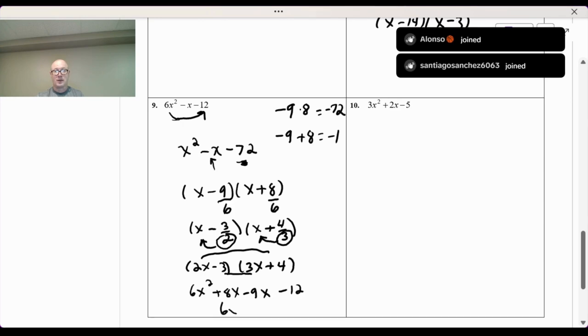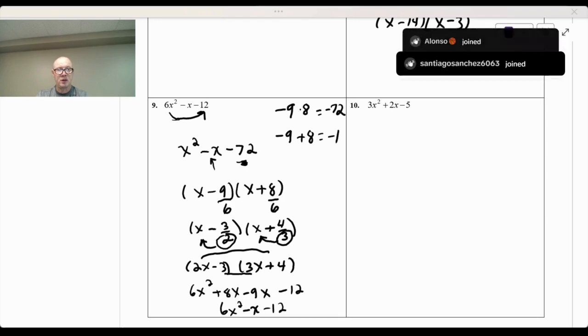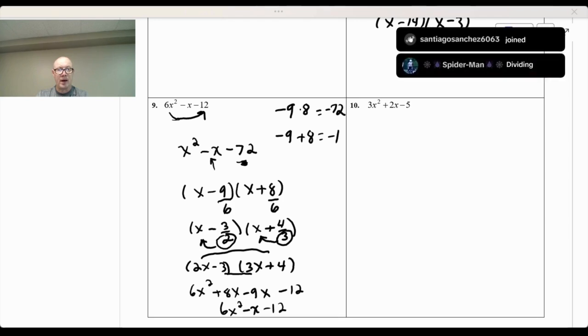So we would get 6x squared minus x minus 12. So that is correct. All right. Questions making sense? All right. Okay, so let's try the question with dividing. Okay, you have a question with why I'm dividing at the end there.